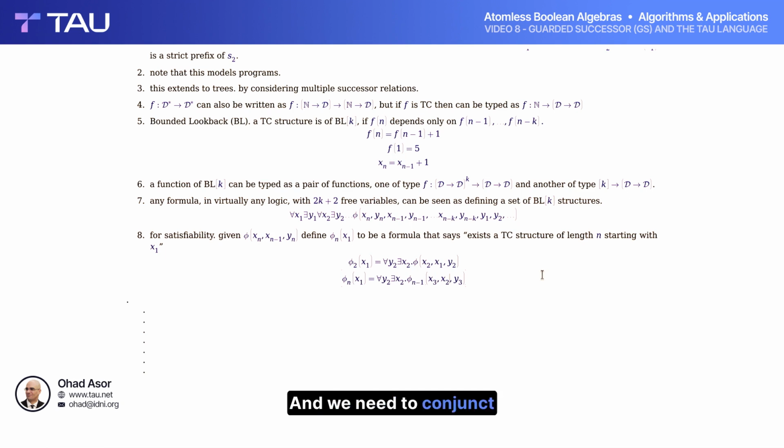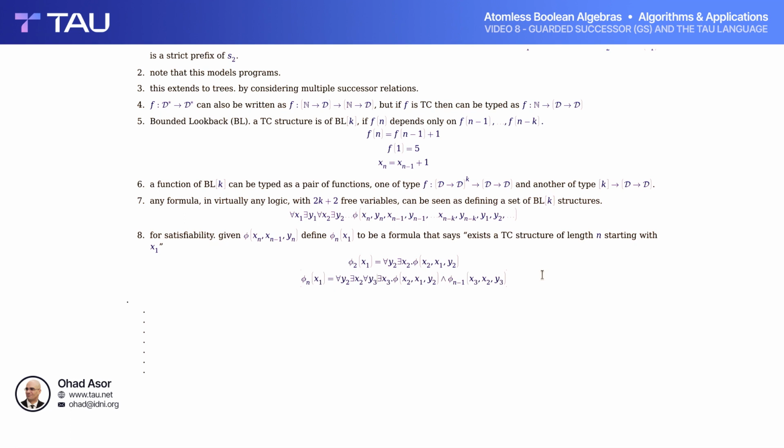And we need to conjunct to what happens at the beginning. So x1, x2, y2 should also be connected. And now how is it quantified? Well, exactly like this. So this is going to define that exists a sequence of length n starting with x1.